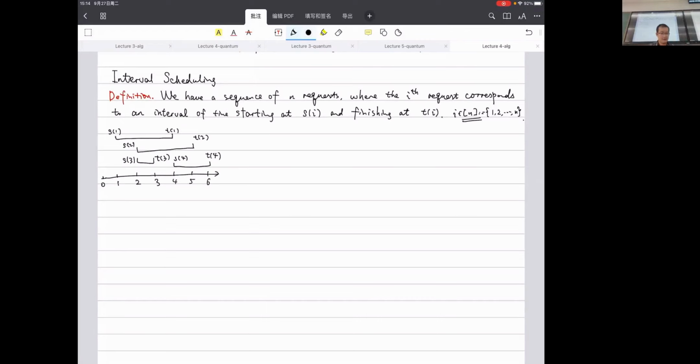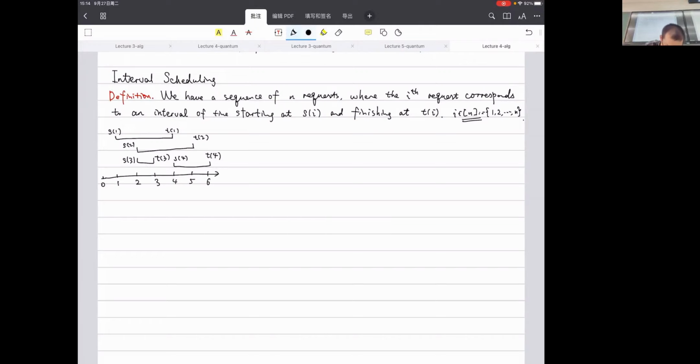It's just something like this. So we have a time axis, and you have some things that you want to finish. For such a scheduling problem, we assume that an event is represented by an interval, and the interval is determined by the starting time and the ending time. Of course, there are a lot of events here, and some of them overlap, so probably you cannot finish them at the same time.